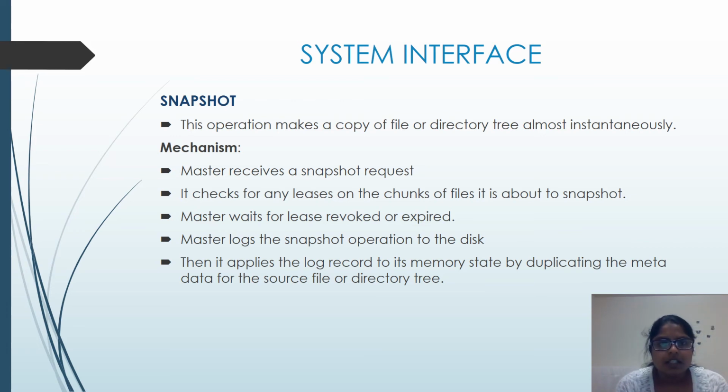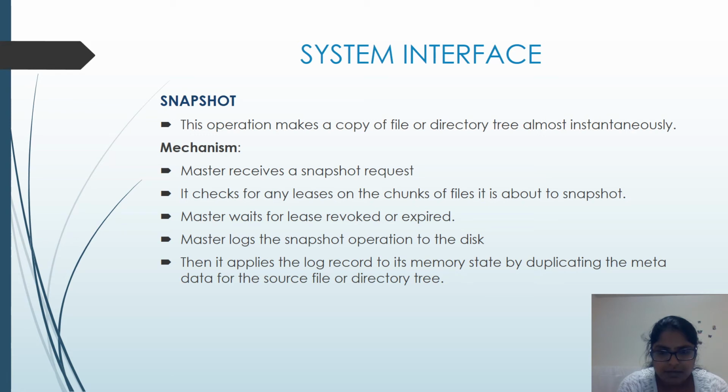Snapshot. Snapshot is an enhanced operation given by the Google File System. This operation makes a copy of a file or directory tree almost instantaneously. Let's see the mechanism. When the master receives a snapshot request, it checks for any leases on the chunks of the files it is about to snapshot.